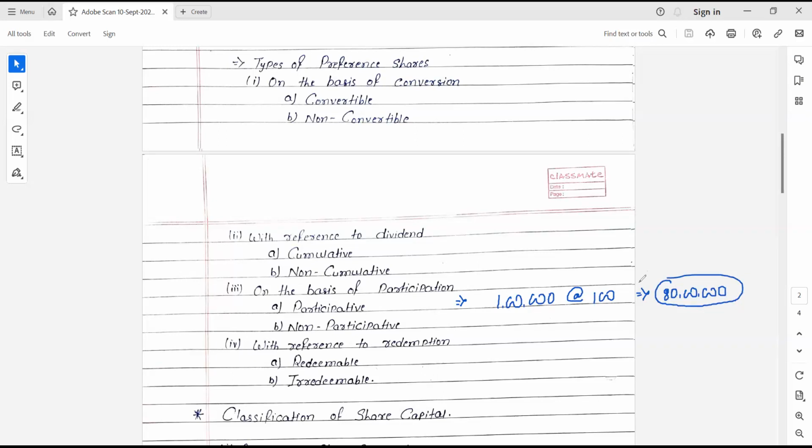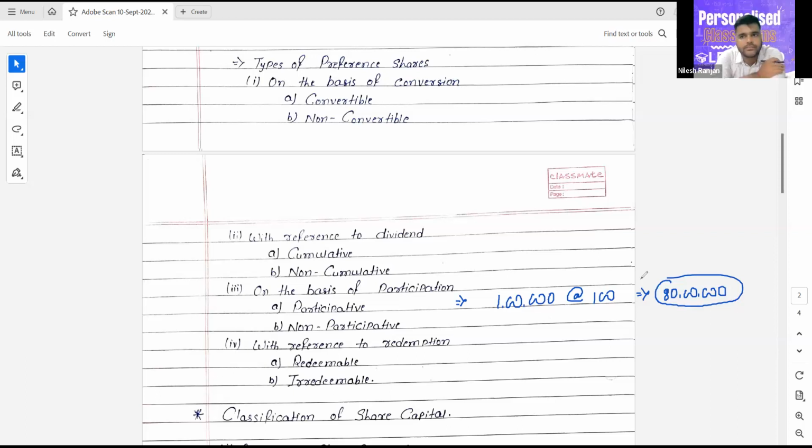Okay, sir. So can you tell me what is the per share earning? What is the earning per share here? We have discussed this concept in the ratio chapter.